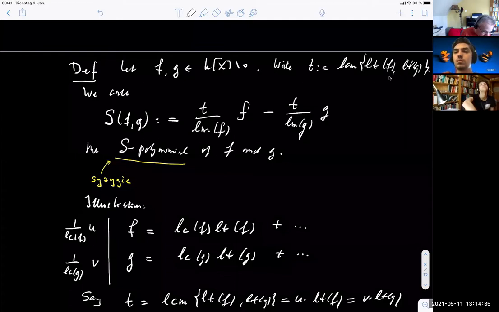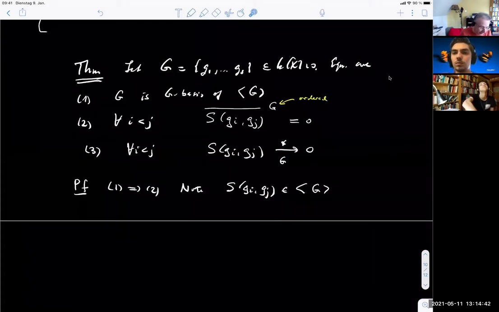And if I have a Gröbner basis, I know I can take any polynomial in the ideal, the remainder of the division will be 0. This we know. So this is okay.